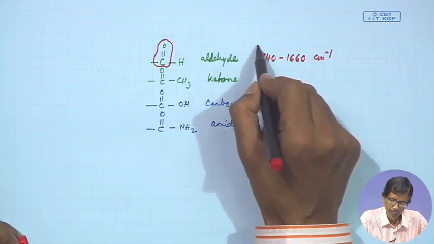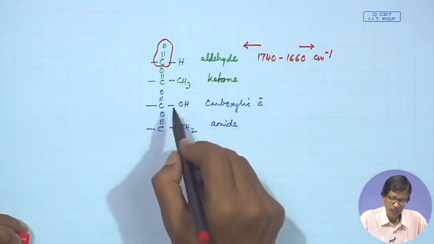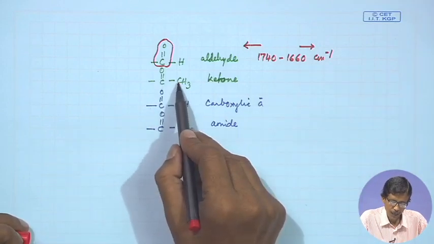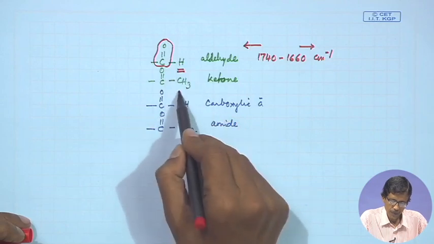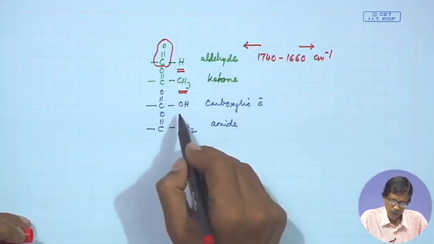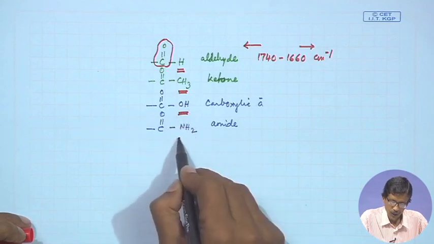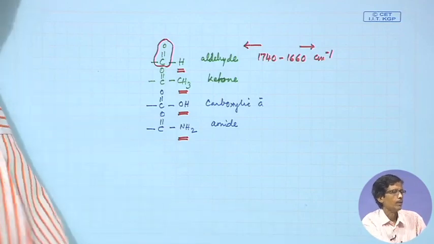In which direction it will go depends on the substitution of carbon in place of hydrogen. So, hydrogen is replaced by carbon of the methyl function or some longer chain, or the OH function or NH2 function, that we will see from this table.